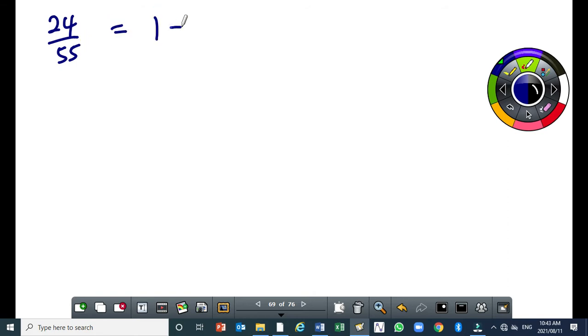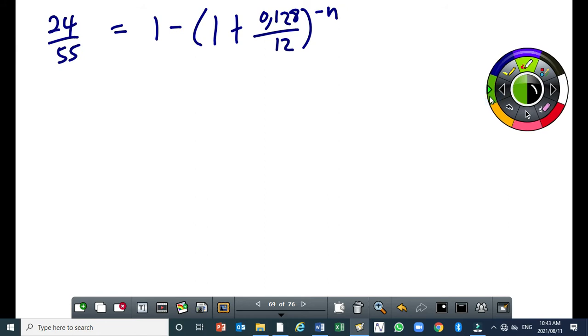So this will be 1 minus 1 plus 0.128 over 12 all raised to the power of minus n. Right? Then, since the exponential term, this term here, is negative, you have to take it to the left-hand side, and then it becomes positive.